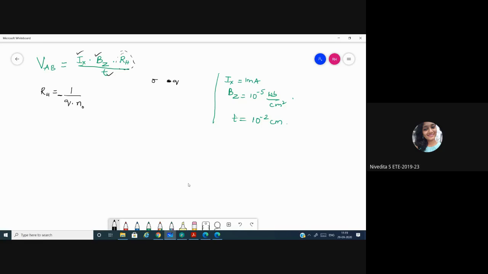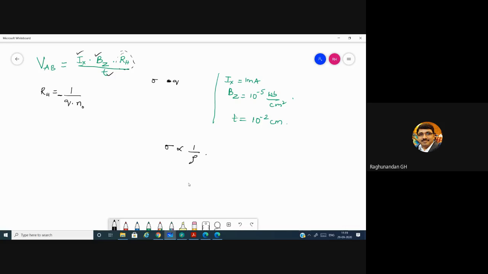Is it because of the direction, sir? No. What is conductivity basically? Think on that. Sir, maybe conductivity should always be positive. Yes, very good. Conductivity should always be positive because conductivity is inversely proportional to resistivity.